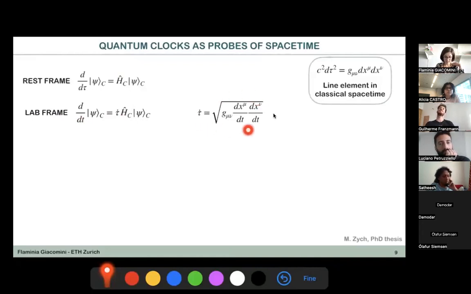Formally, it can be written in this way, where this is the metric. It's just the line element derived by dx⁰, that is t. So this depends on g, and also on the velocity of the clock. We will have different terms according to how this clock moves.